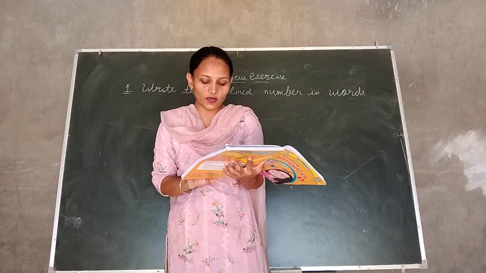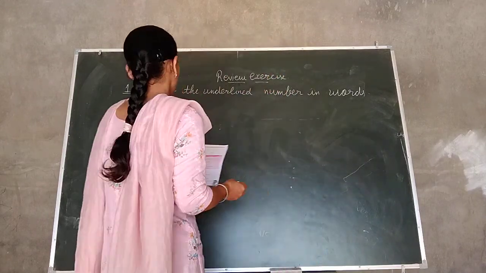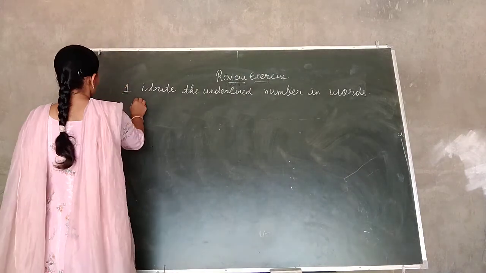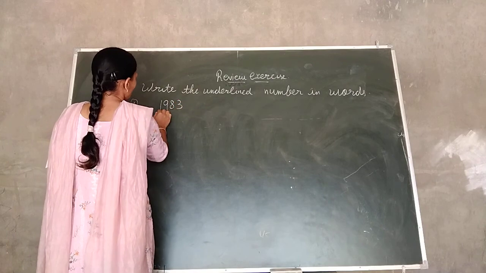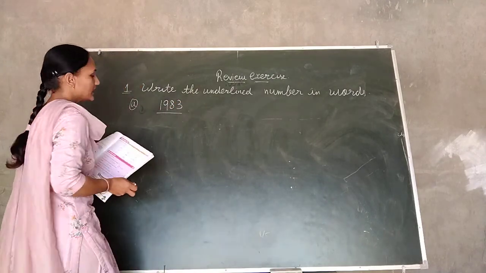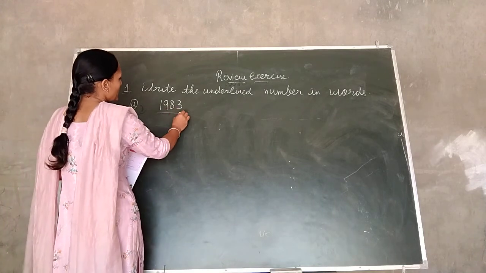India won the cricket cup in the year 1983 for the first time. A part: here the number is 1983. This number is underlined. So how will we write this number?